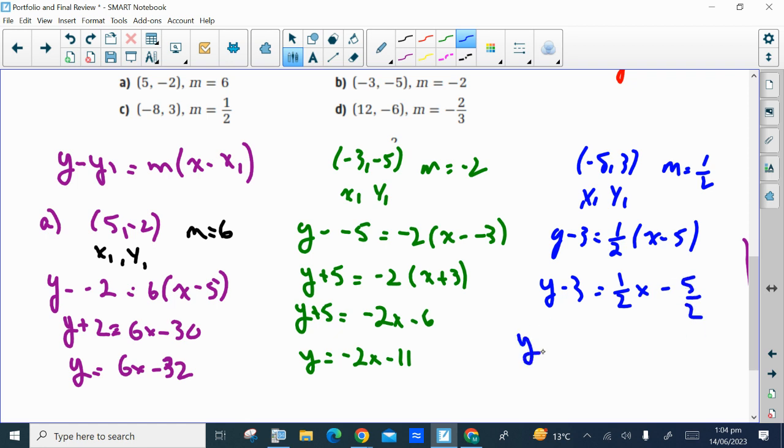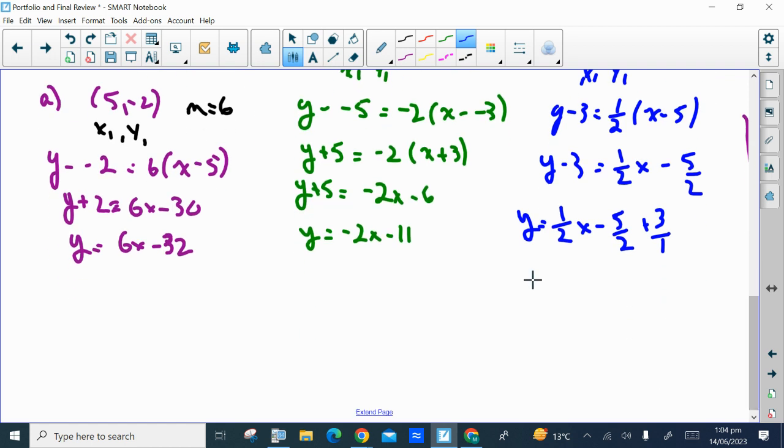And then we're going to add 3 to both sides. To add the 3 and the 5/2 together, we need a common denominator of 2. So you're going to add 6/2. That's the same as 3. But it has a common denominator with the 5/2, so you can combine them. -5 plus 6 is positive 1/2. There's the equation in slope-intercept form.